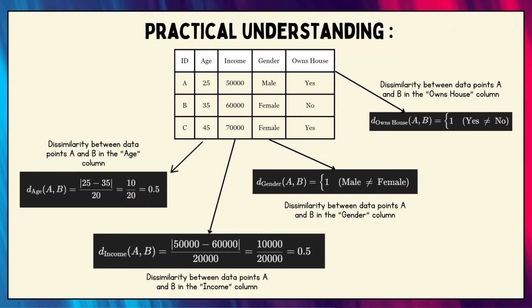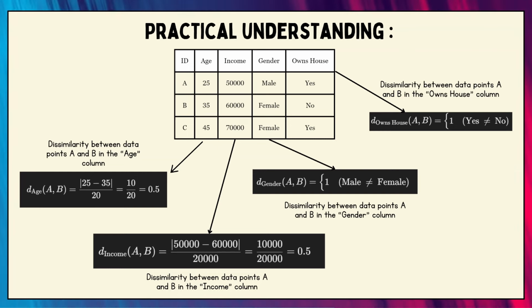Here, when we are finding dissimilarity between rows A and B in the age column, which is a numerical column, we are just using the methodology which I talked about in the previous slide, which is the absolute difference between the two values divided by the range of that particular column. We got a value 0.5.